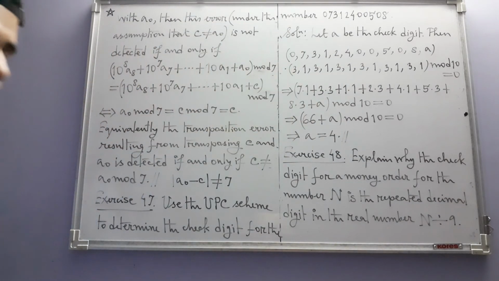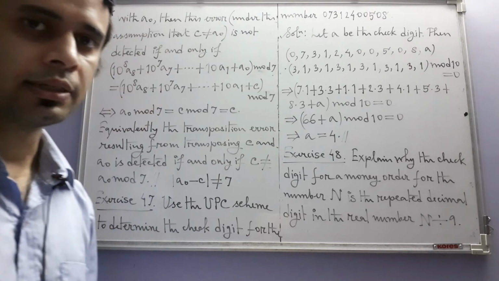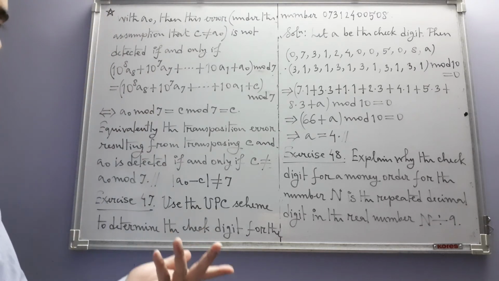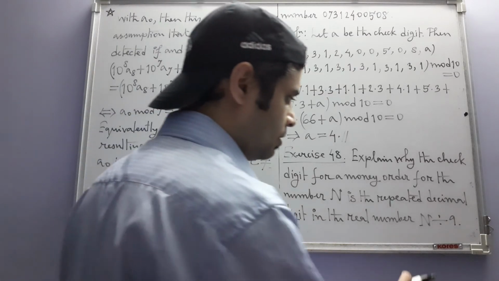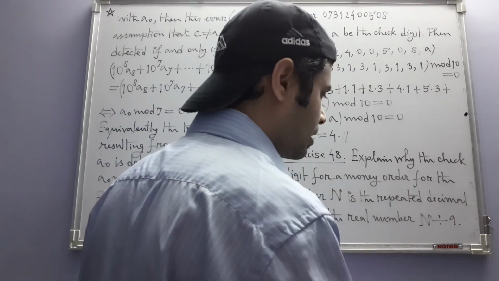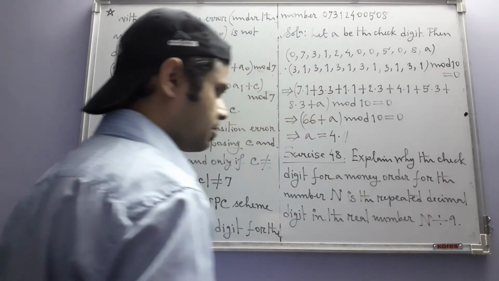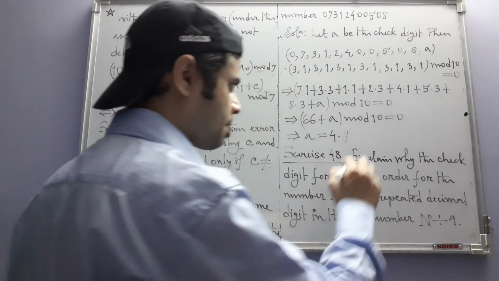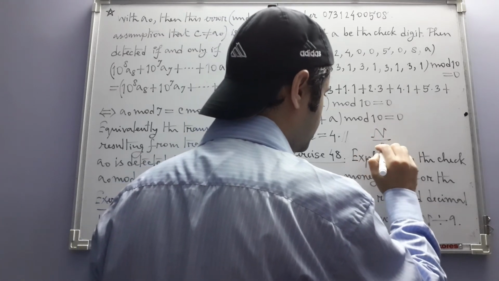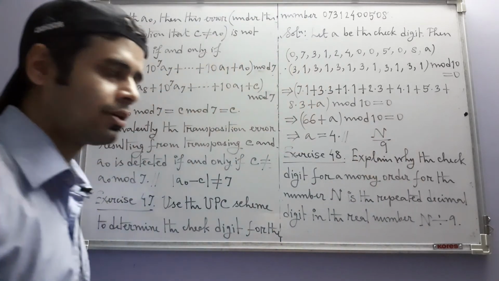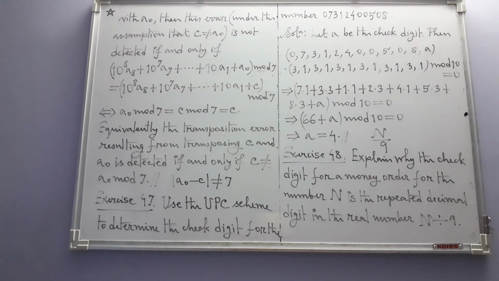So if capital N is our money order number, then we already know how to find the check digit. Just divide N by 9, the remainder will be the check digit. But curiously, the check digit also turns out to be the digit in the decimal expansion of N by 9.